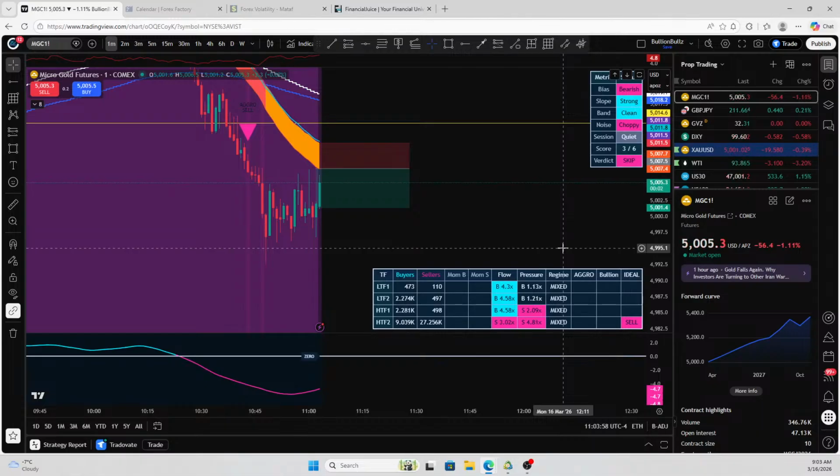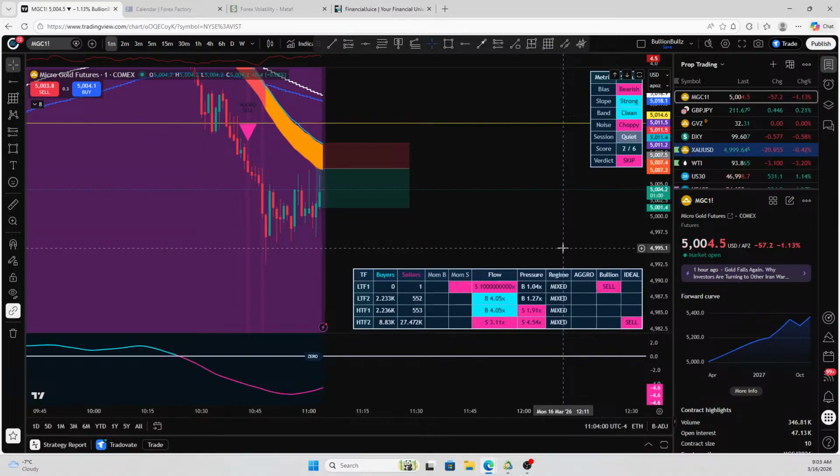Let's see what happens. I'm not in a rush today. This is definitely a slow session, but I would prefer a slow session compared to trying to force a trade. I wouldn't be forcing any trades today.